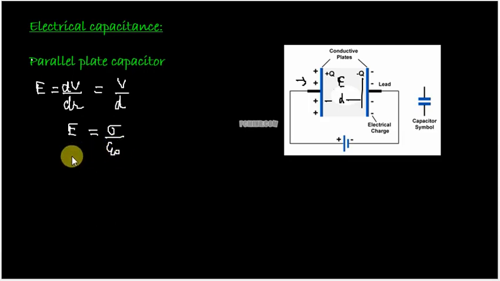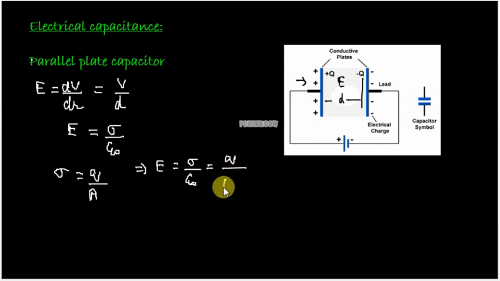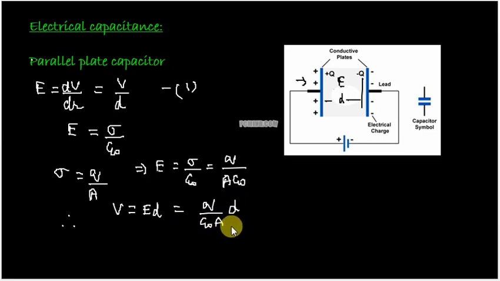So between two parallel plates, E is equal to sigma over epsilon naught, and I replace the value of sigma as Q upon A, giving E equal to Q over epsilon naught A. Now that is the value of E, and therefore from equation 1, V is equal to E into D. Putting the value of E, it becomes Q D over epsilon naught A. That's the value of V we have found.